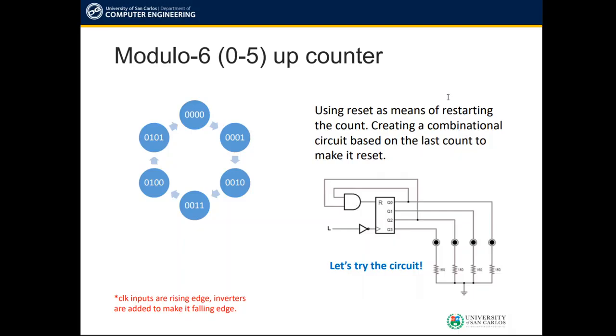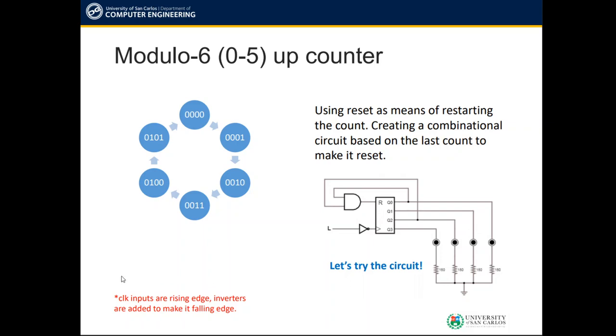So what we do here is use the reset function of your 74LS90 as the means of restarting the count back to 0, creating the combinational circuit based on the last count to make it reset. So this is the example for that one.